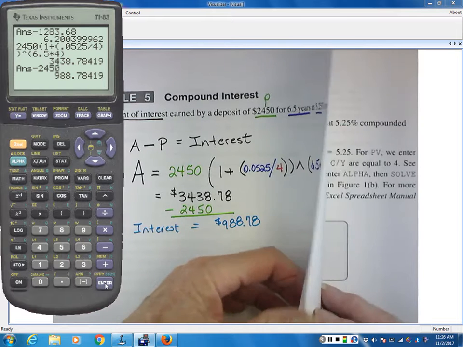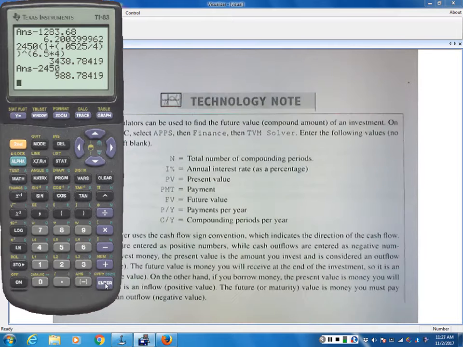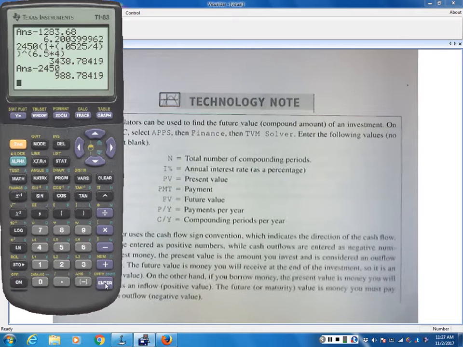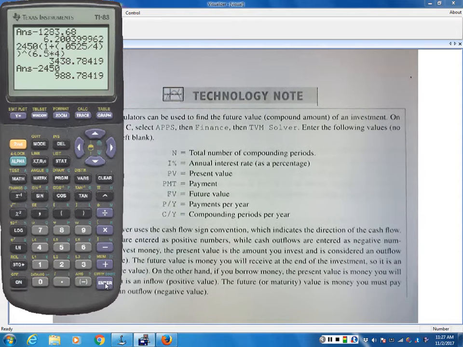Okay. Now we'll talk about the calculator. When we do a problem on the calculator, these are the things that you're going to need to be able to pick out of the problem.